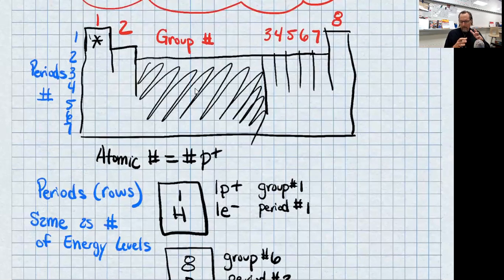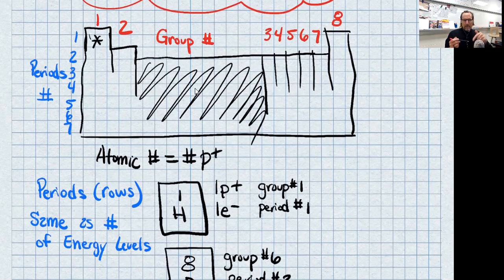So for example, when we were doing the Bohr models, we were drawing those energy levels, those electron shells around the nucleus. That's the same thing. So when I look at period 1, all of period 1 has 1 energy level.